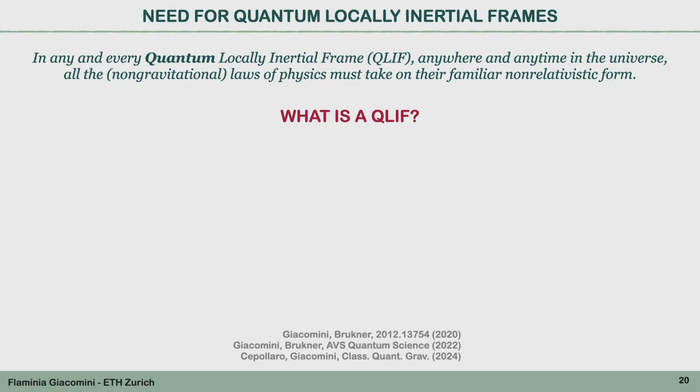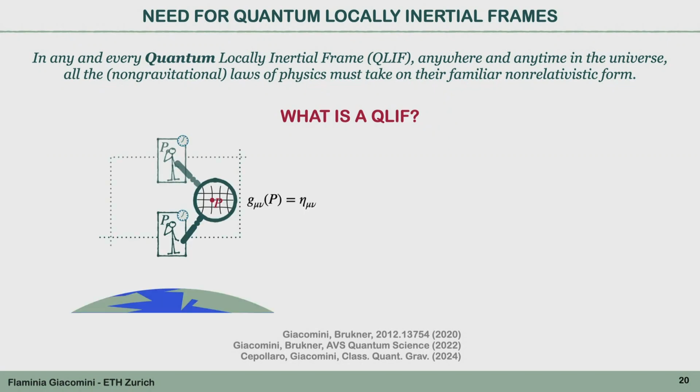And what do we mean by a quantum local inertial frame? It can be two things. Imagine that we have the Earth and a particle that is in a quantum superposition of positions on the Earth, like an interferometric experiment where you have a clock that you send in a superposition of two paths, each one of which is at a different height on the surface of the Earth.